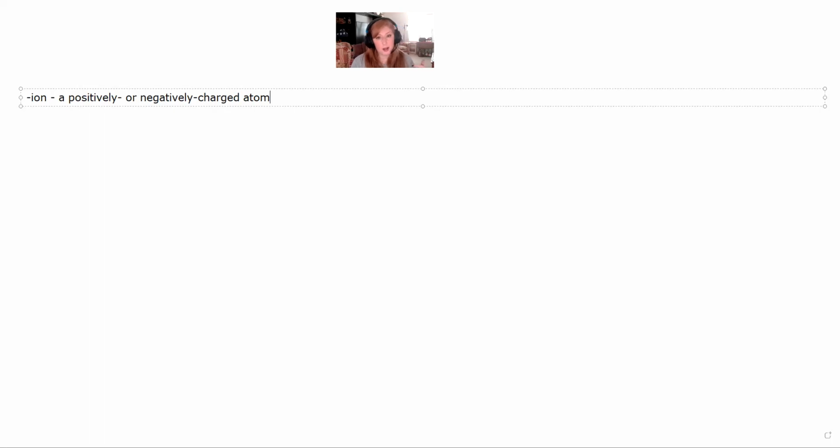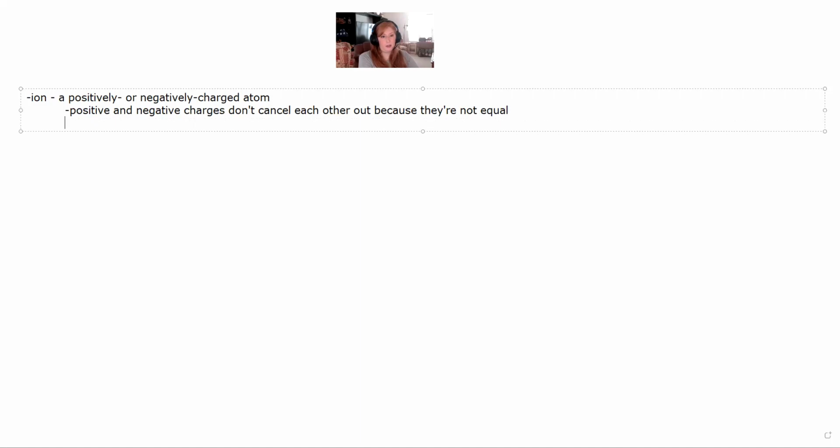In ions, the positive and negative charges don't cancel each other out because they're not equal. They're not equal because we don't have the same number of protons and electrons.